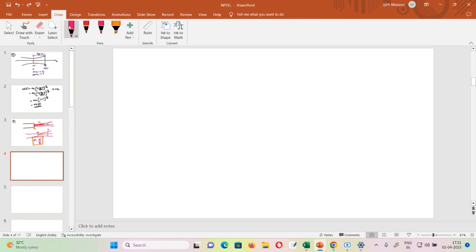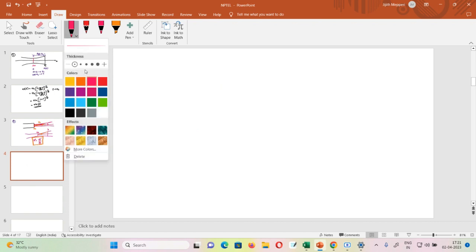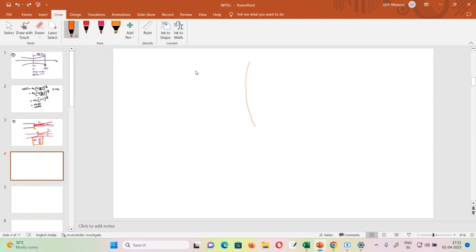I am focusing a Gaussian beam using a lens. What properties will get changed?